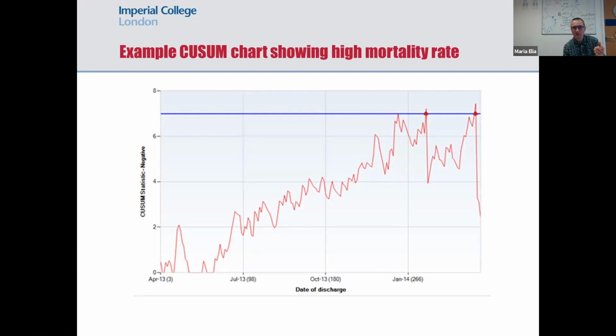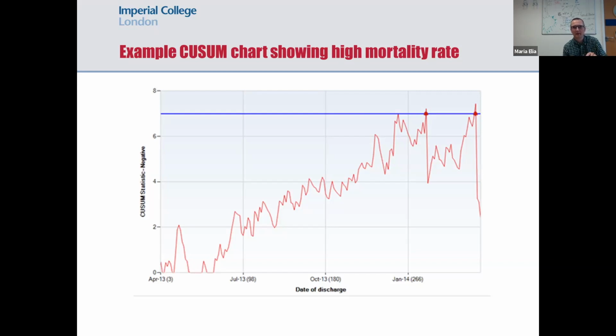When the patient survives, this chart will go down. So the more it goes up, the more deaths that there have been compared with what was predicted. And so in this particular one, it goes up and up and up. So their death rate is higher than what was predicted. And over time, eventually it crosses that horizontal threshold.